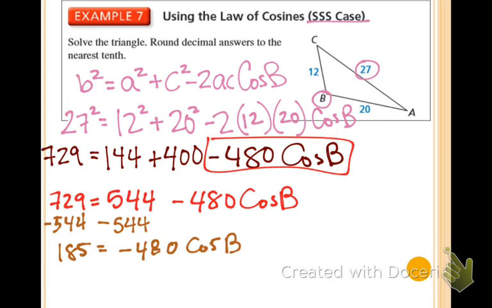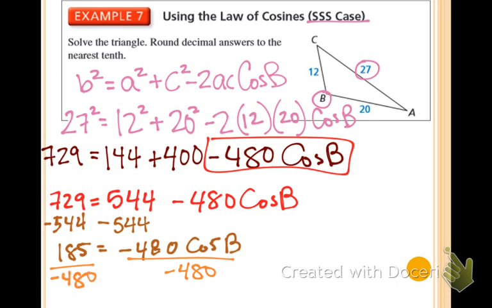We need to get B by itself, but before that we need to get cosine of B by itself. So what is this negative 480 doing to cosine of B? Multiplying. What is the opposite of multiplying? Dividing. So we are going to divide it by negative 480.